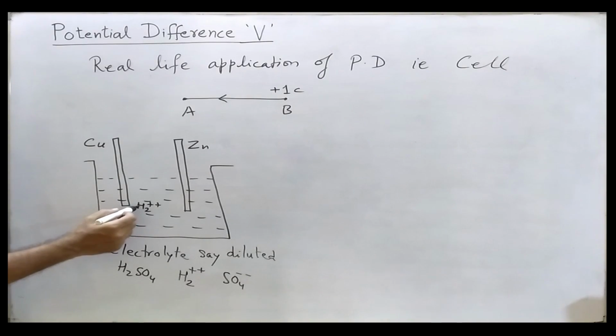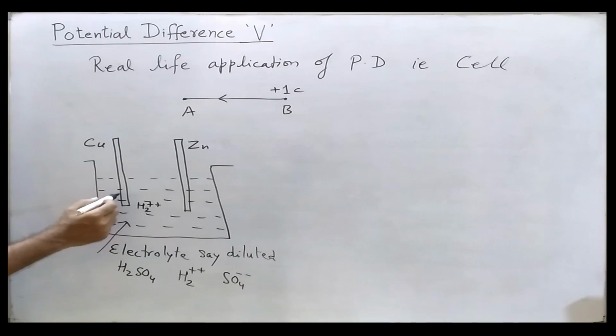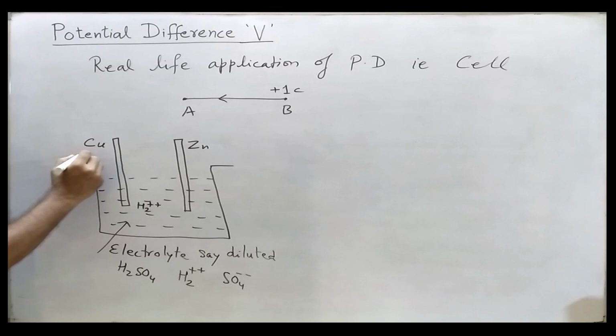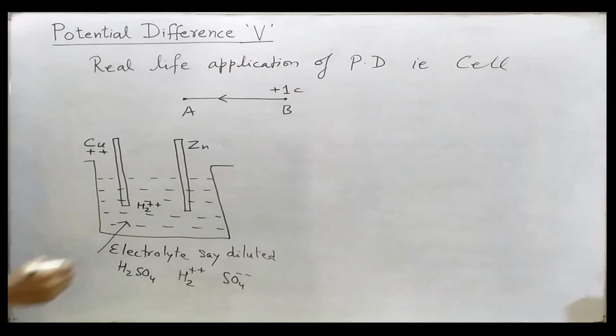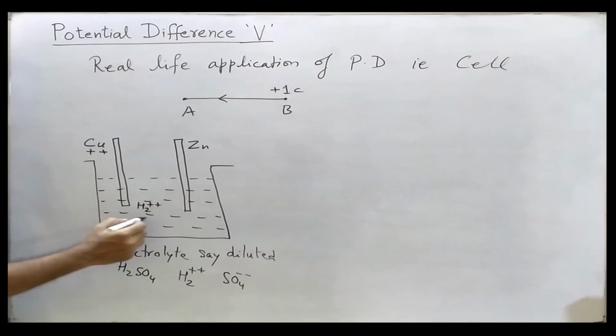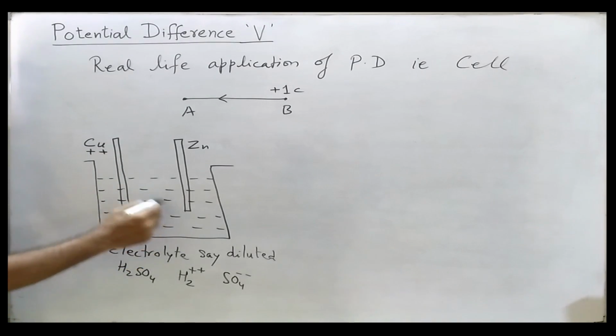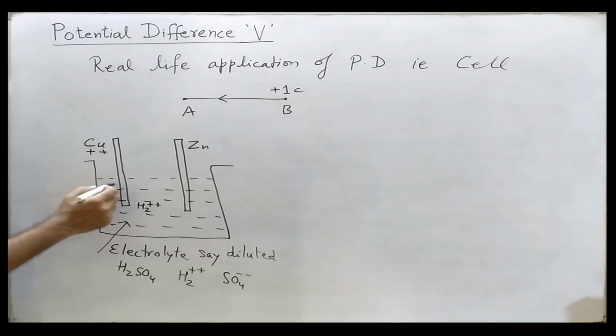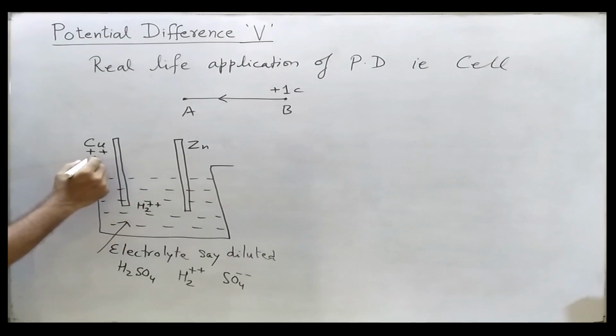will chemically react with the copper electrode and take two electrons, because this is positive, it will take two electrons from copper and therefore the copper rod will become electron deficient, hence positively charged. These H2 ions of the electrolyte will continue to react with the copper rod and it will become positively charged.